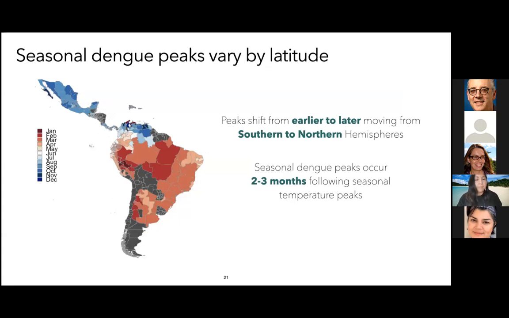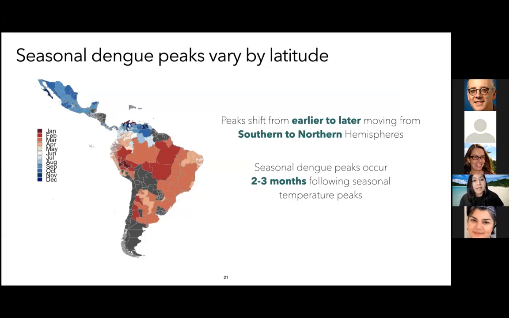Given that one of the questions we're interested in is, when do these peaks actually happen? What we did is we took this average seasonal pattern, and we aimed to estimate what the average seasonal pattern looks like within a year. So, when on average does the peak tend to happen, and what particular month does that tend to correspond to?